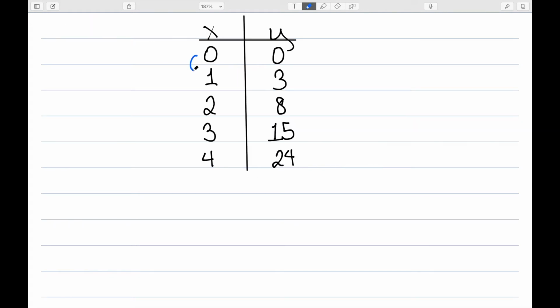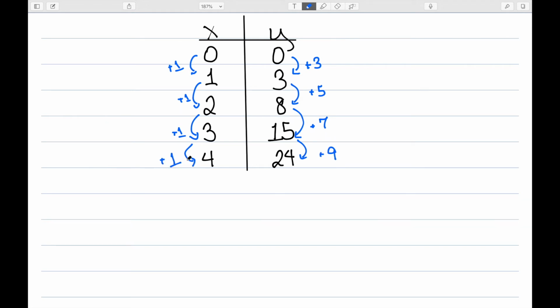For this example, if I look at my rates of change, the first one would be 3 over 1, which is 3. The second one, 5 over 1. My next one, 7 over 1, and then finally 9 over 1.